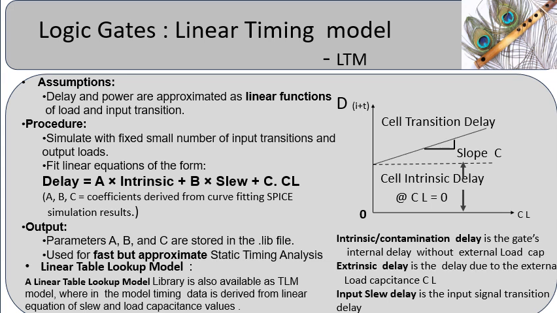Mathematically, the linear model delay is expressed as the sum of the intrinsic delay, that is, the gate's internal delay without external load capacitance, the input slew dependent delay, and the external load capacitance dependent delay. The total delay of the CMOS gate can be expressed as A times intrinsic delay plus B times input slew plus C times output load, where A, B, C are constants obtained from SPICE simulations.